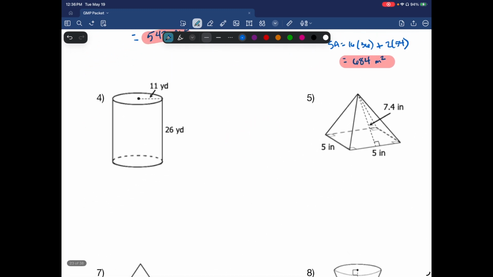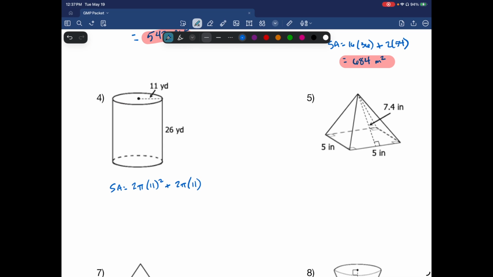Okay, so for surface area on 4, you need 2 times the area, so 2 times pi times 11 squared, plus 2 pi r times the height.